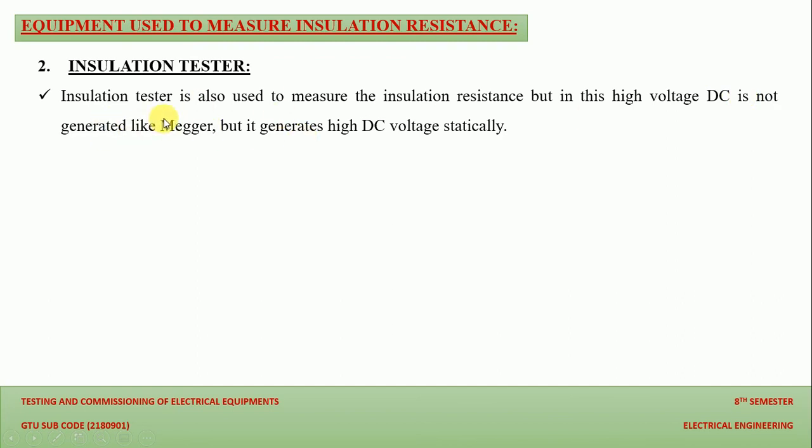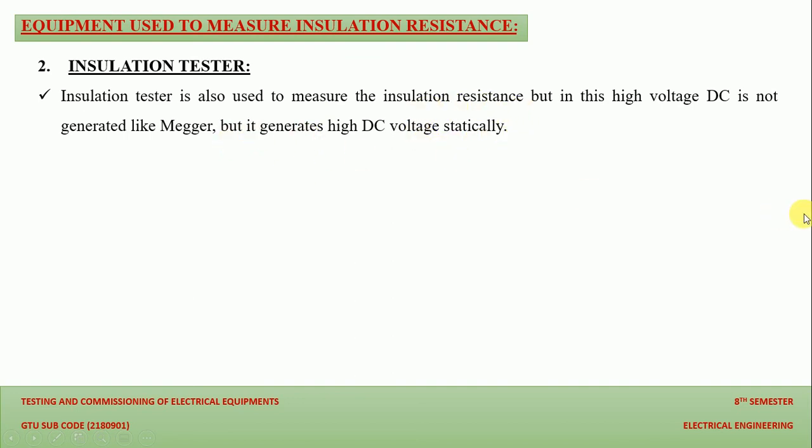In the case of the Megger, we use a handle to rotate the armature, and so 500 volt DC will be generated, and from that 500 volt DC we can judge the insulation resistance of the particular insulating material under test. In this case, the high voltage DC is not generated the same way as the Megger, but it generates the high DC voltage statically.